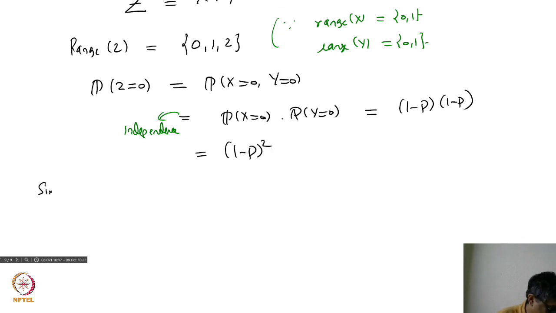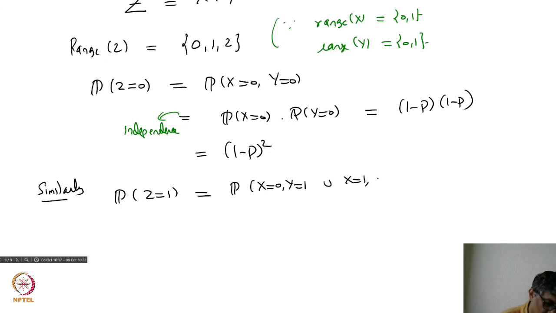Similarly, for the probability that Z is equal to 1, you can write out all the combinations. That happens if X is 0 and Y is 1, or X is 1 and Y is 0. You split that up into two terms: the chance that X equal to 0 and Y equal to 1, plus the chance that X equal to 1 and Y equal to 0.